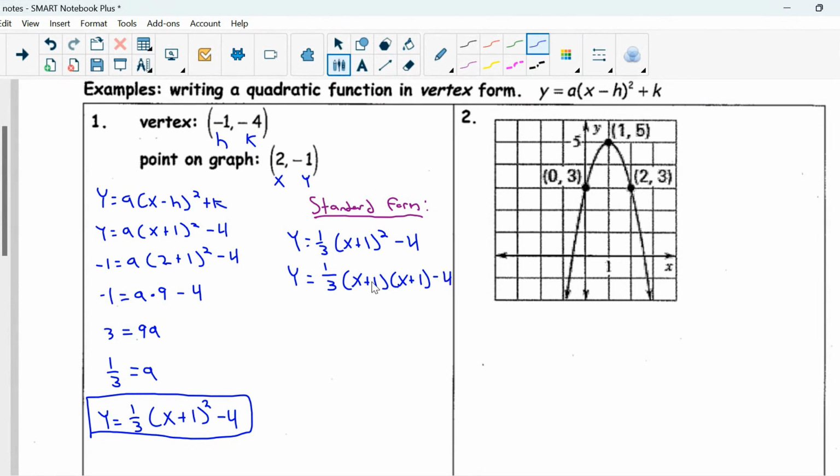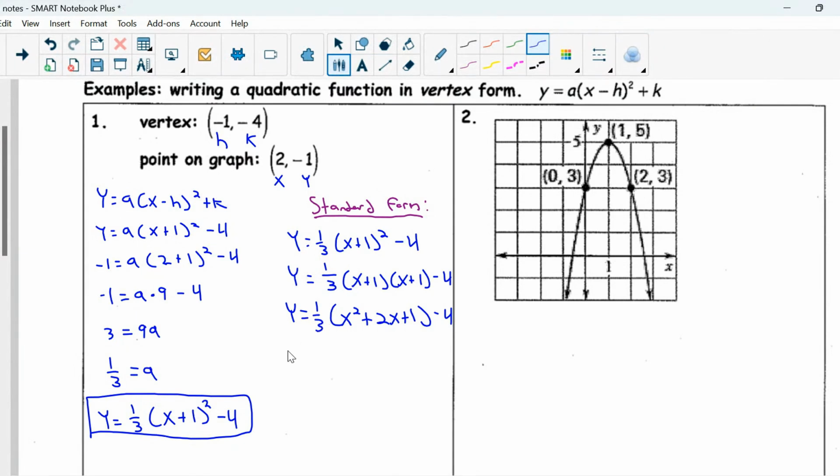To FOIL this, y equals 1/3 times first, so that's x squared, outer, x times 1, which is x, inner, 1 times x, which is x, so that gives me 2x. 1 times 1 gives me 1, minus 4. Then let's go ahead and distribute our 1/3.